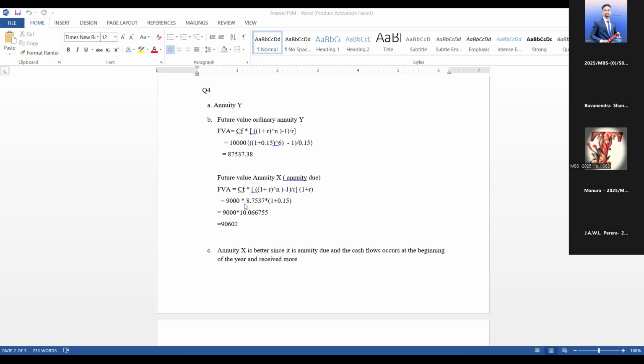Due to the annuity due, they are getting the cash in early, so the cumulative annuity factor is greater and your total value is greater. So you need to explain that the cash flows occur at the beginning. Due to that, annuity X, the annuity due, brings more value compared to the ordinary annuity. Okay, so that is what you have to explain. Is what we have discussed clear?